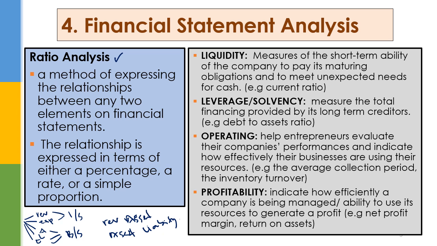Liquidity ratio measures the short-term ability of the company to pay its maturing obligations and to meet unexpected needs for cash. So short-term creditors, such as suppliers, are particularly interested in assessing the company's liquidity.